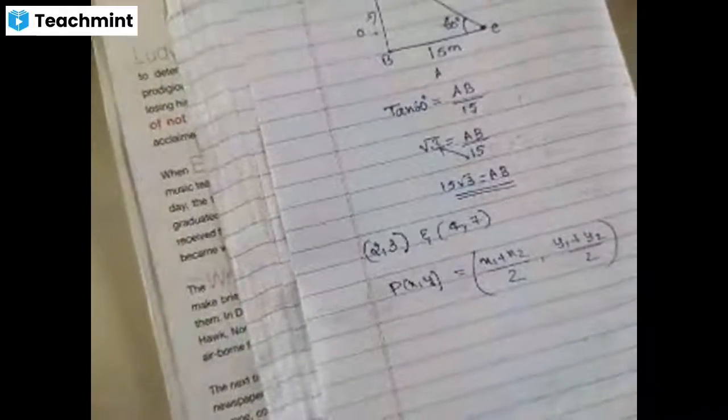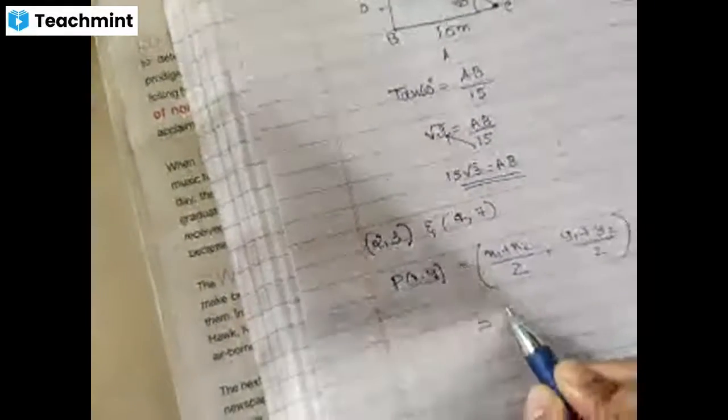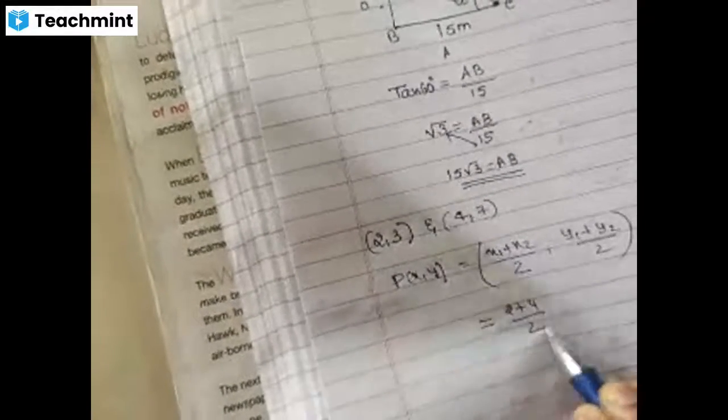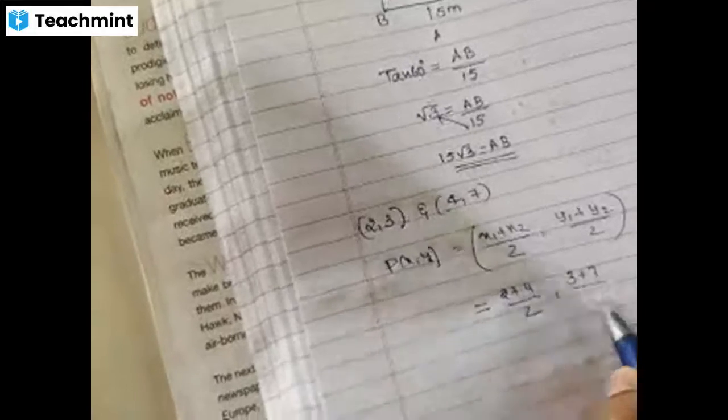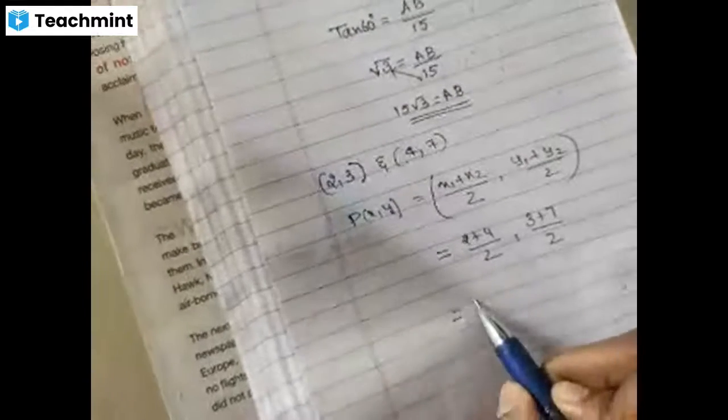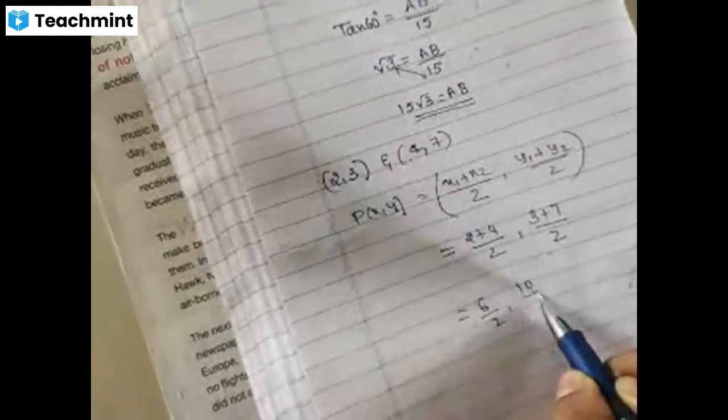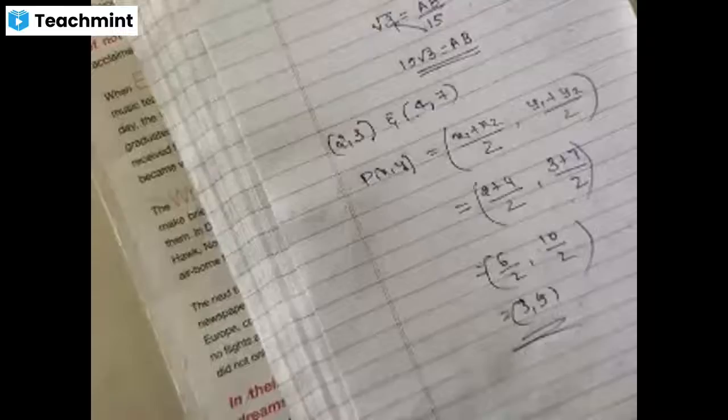So 2 plus 4 by 2, 3 plus 7 by 2, 6 by 2, 10 by 2. So (3, 5) is the midpoint.